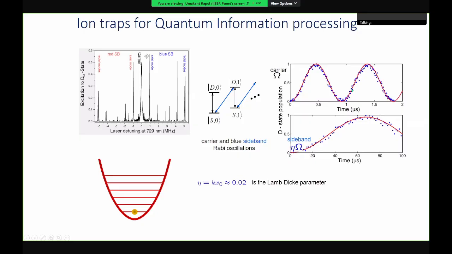So these are the axial modes which you see at certain frequencies like 1 megahertz, and you also see the radial frequencies which are at around 4 and 5 megahertz. So you excite radial as well as axial sidebands of this transition.